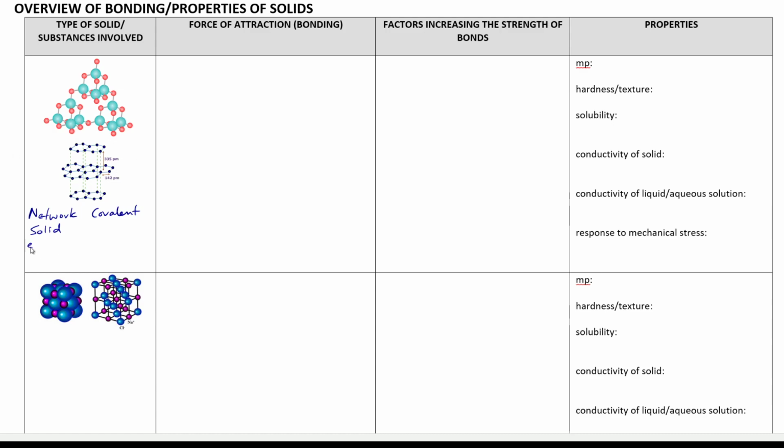So examples of this would be silicon dioxide, which is demonstrated up here. This is an example of a silicon dioxide crystal. Silicon carbide, which is called carborundum. And also just carbon in both its diamond and its graphite form.